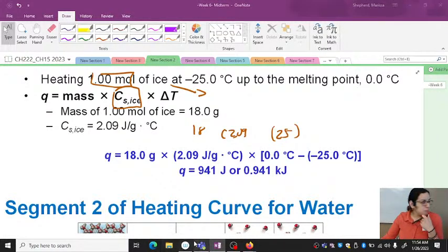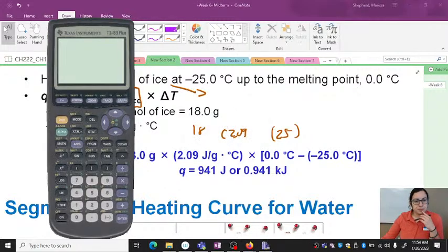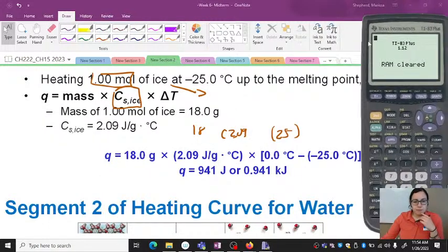And let me pull up my calculator just so we can agree with the number that they're showing us. And so, of course, plug this all in. So 18 times our specific heat times our temperature change.